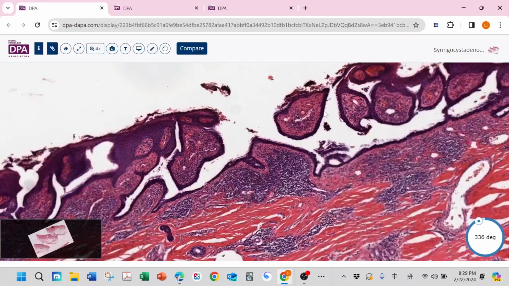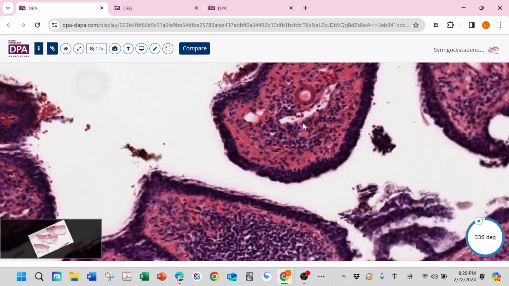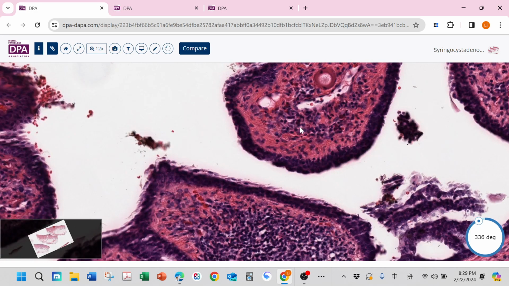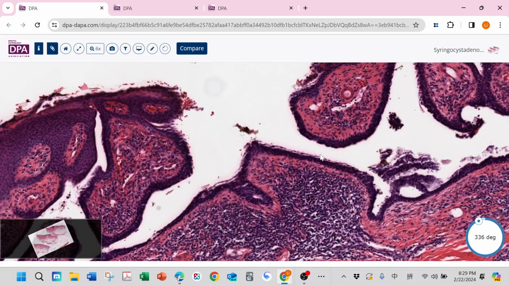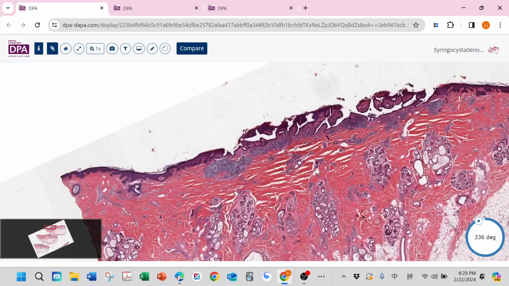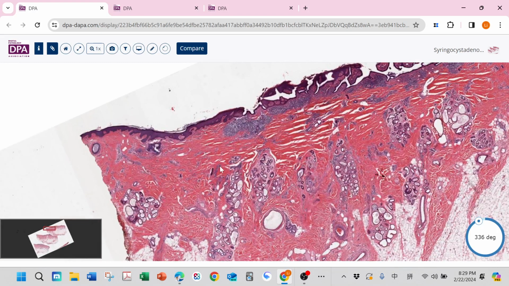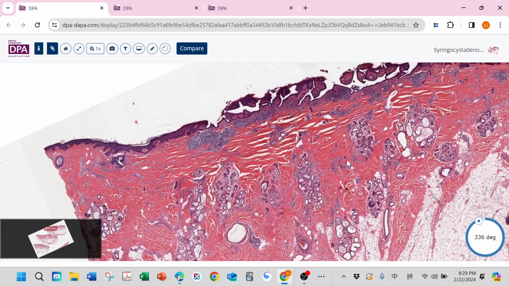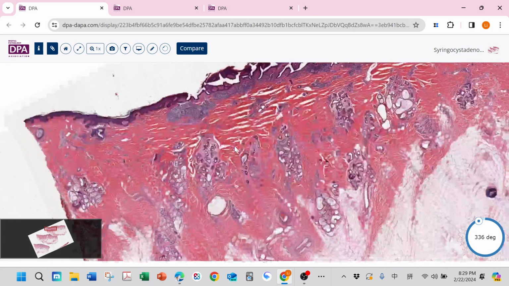So we need to zoom in to find our friends, the two-cell layer, and then plasma cells in the stroma. So this is a SCAP growth with a nevus sebaceous. But for the nevus sebaceous part, it's not really classic because I do not see tons of sebaceous glands. Instead, we see a lot of this apocrine differentiation.